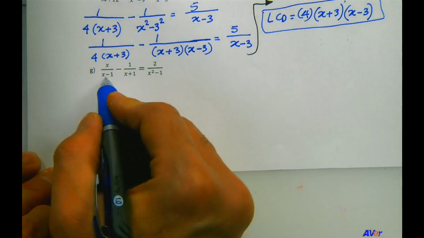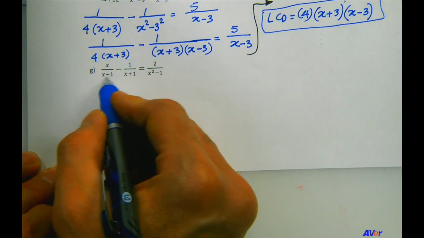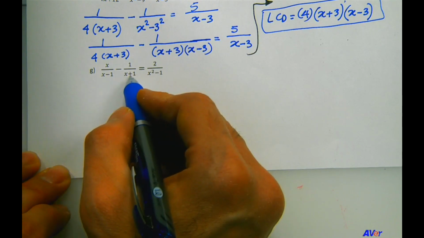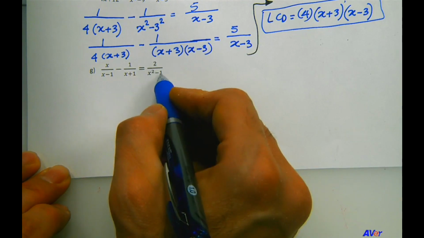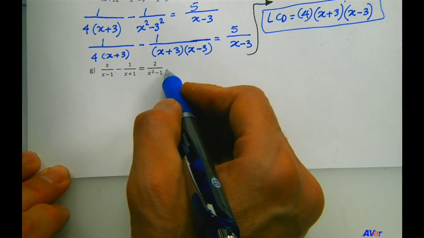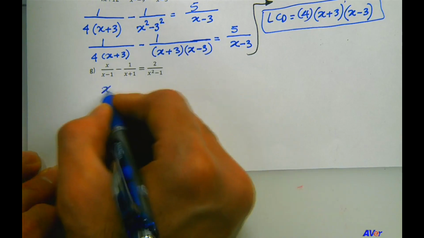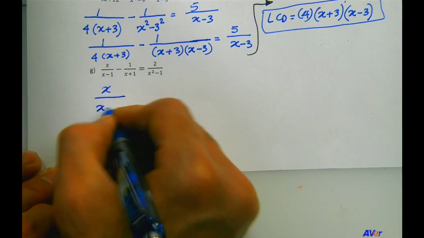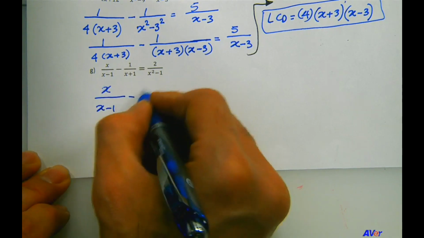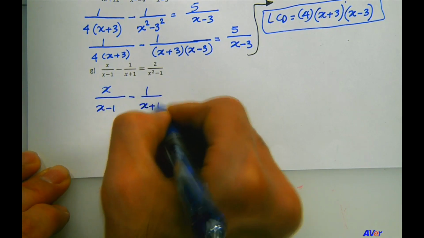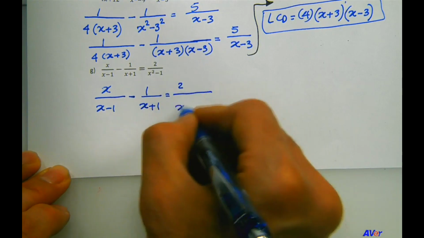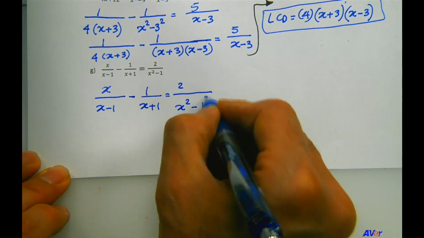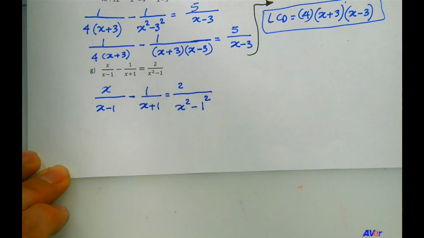So, can this denominator be factored? No. Can this be factored? No. Can this be factored? Yes, because 1 is a perfect square. So let's write it down like that. x over x minus 1 minus 1 over x plus 1 equals 2 over x squared minus 1 squared. 1 squared is 1, right?